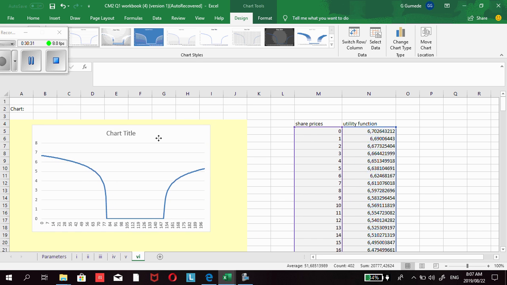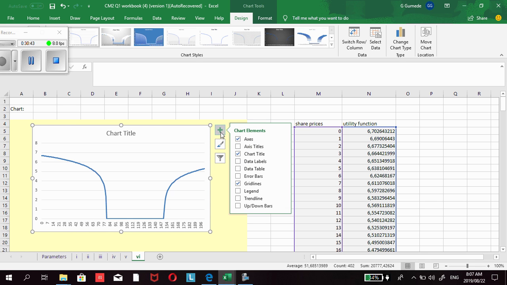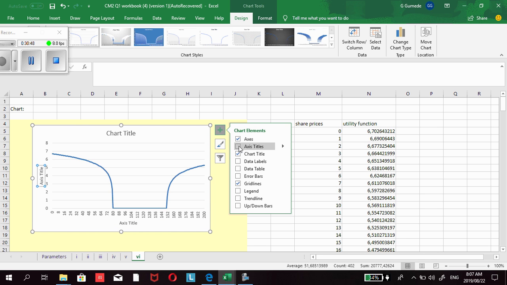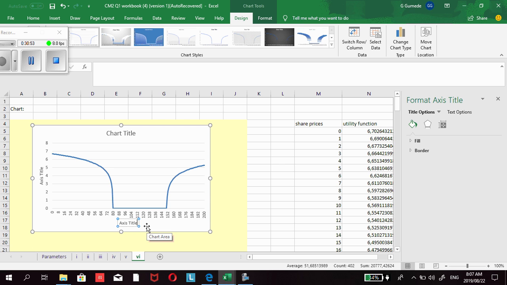Now don't leave this chart like this, because you will lose marks. You need to give the chart a title and label your axes. I'm going to press this button here and click axis titles. On my x-axis I have the share prices, so I'm going to write that here. And on my y-axis, I have the utility.